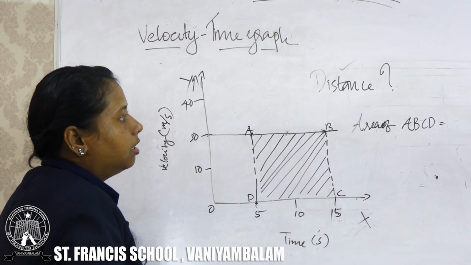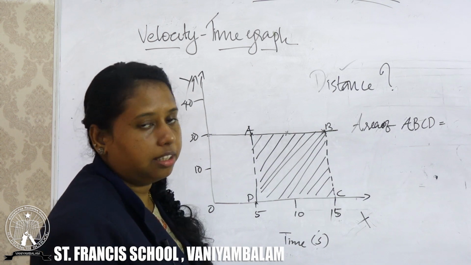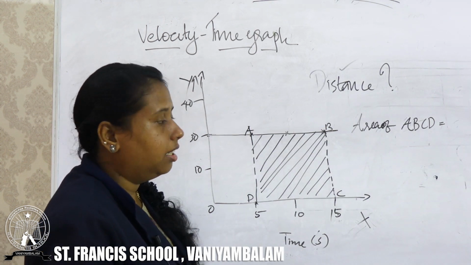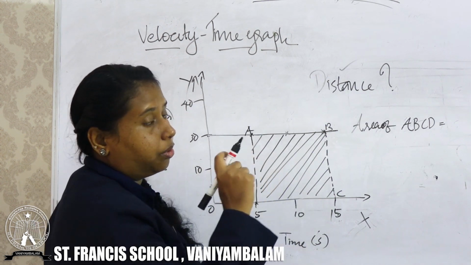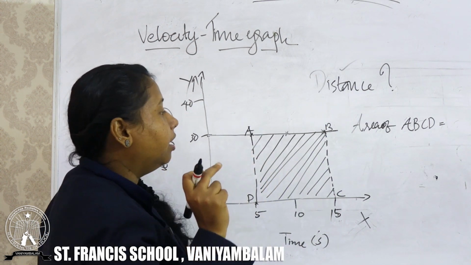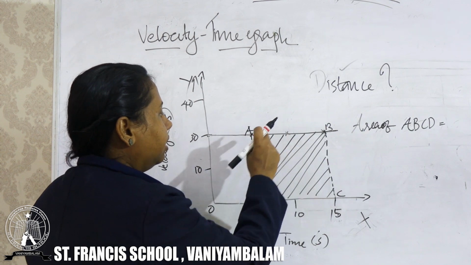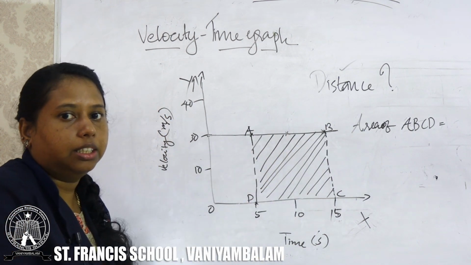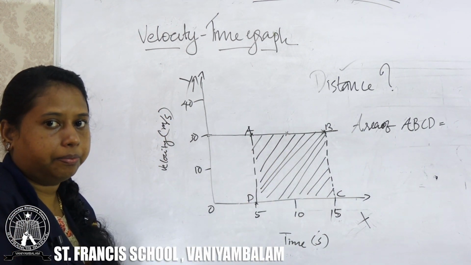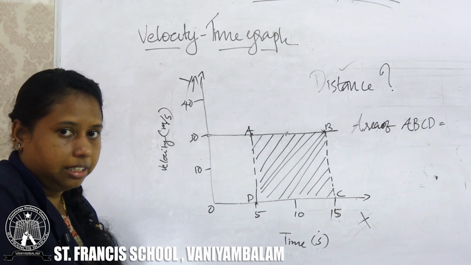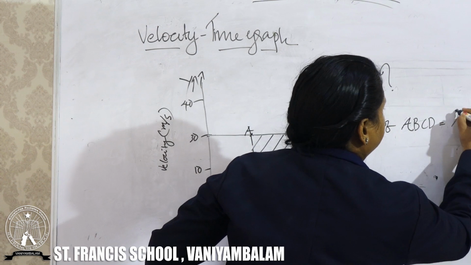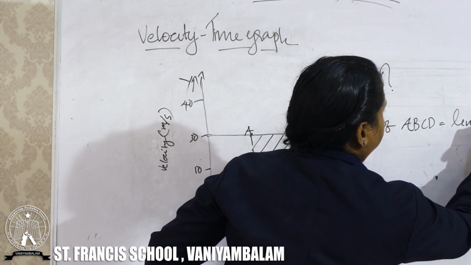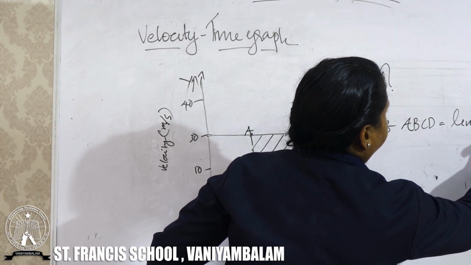What is the equation for the area of a rectangle? For a square, it is side into side. In a rectangle, it is length into breadth.